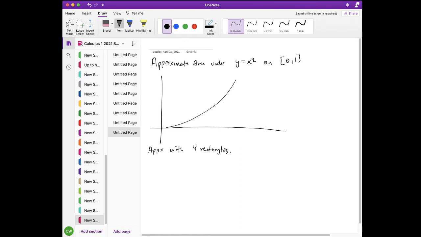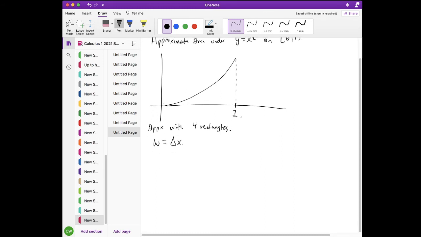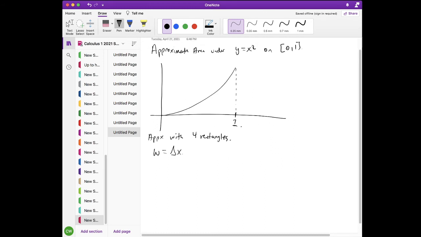Someone tell me, what are the widths of all my rectangles? If I want to use 4 rectangles, and I want to use this nice algorithm where all the widths are the same, what are the widths going to be? 0.25, yeah. I'm going to say the notation delta x, but I'll use them interchangeably because I want to introduce that notation.